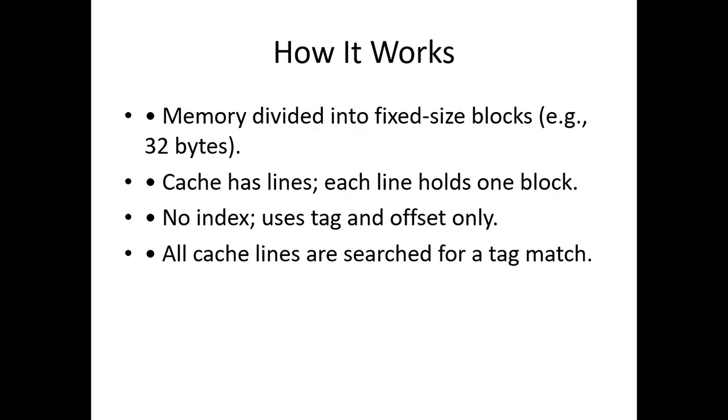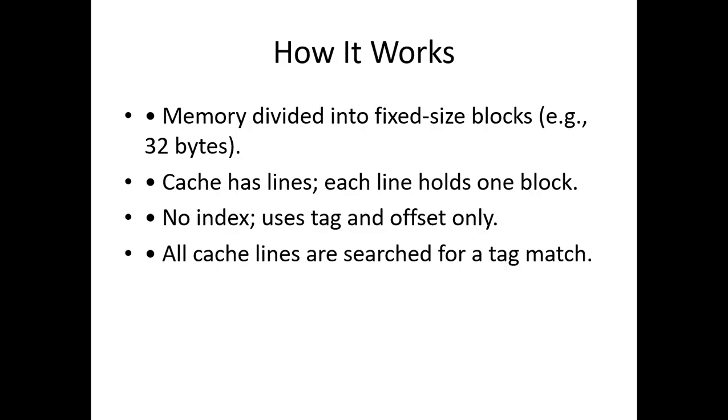Now, how does fully associative mapping work? This is how it works step by step. First, the main memory is divided into fixed size blocks. Then the cache is also divided into lines, with each line holding one memory block. There is no fixed mapping like direct mapping, so any memory block can be placed in any cache line.